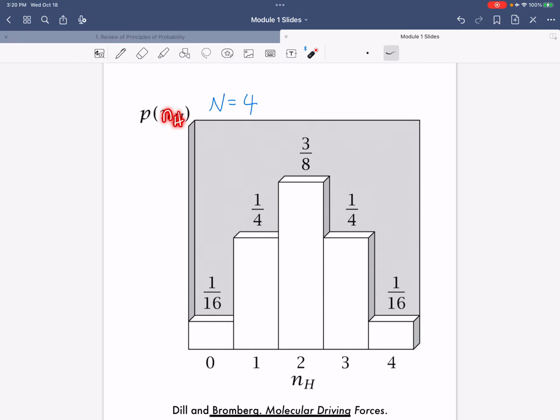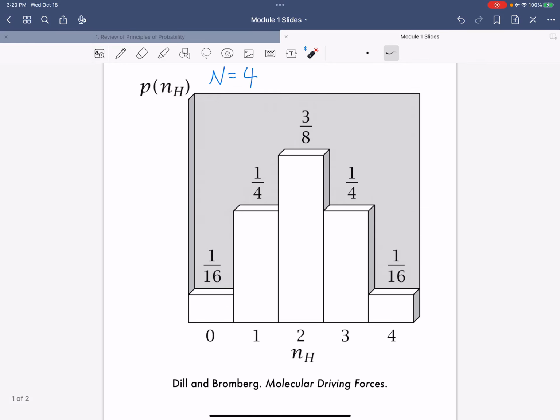We'll call that n sub h. If we use the binomial distribution probability function, we could calculate the number of times that 0 heads would show up, and that's a fairly rare event, so its probability is low. For 1 head, the probability is higher. And the probability that 2 heads show up is the highest. After we reach this peak, the probabilities start going back down.